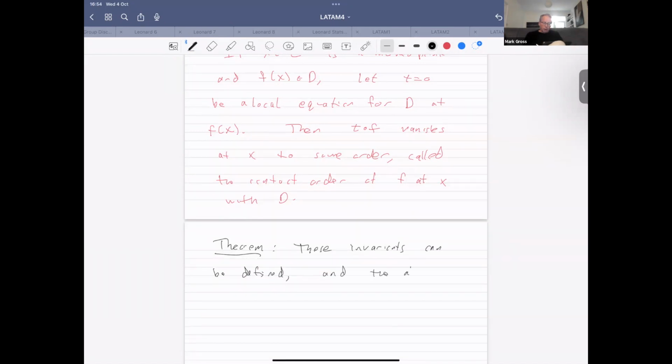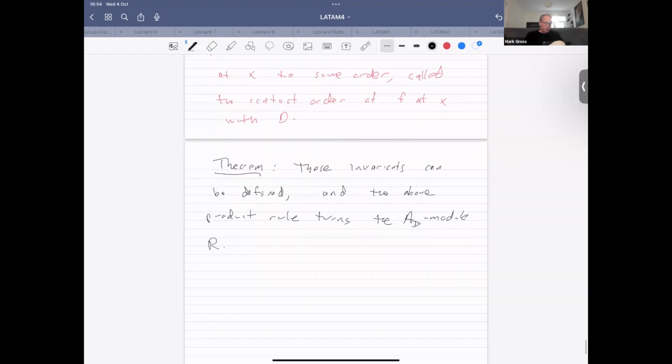and the above product rule turns this module, the AI module Ri, into a commutative, associative AI algebra with the unit beta 0.